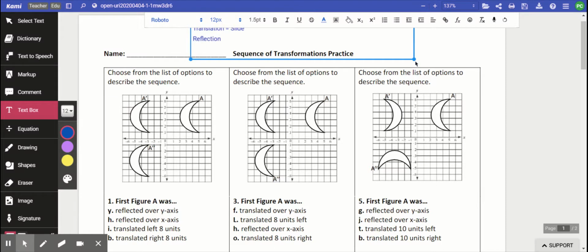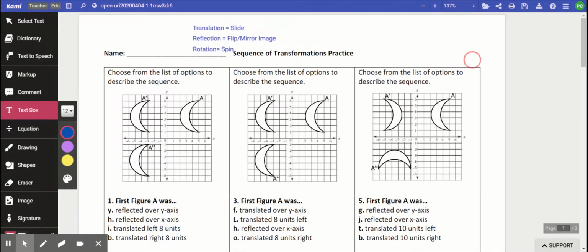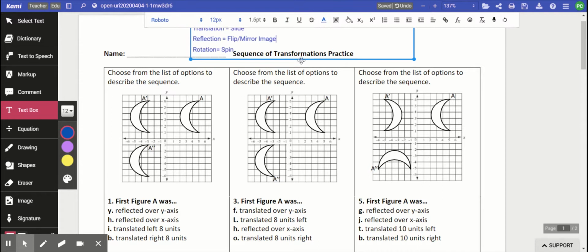Reflection is a flip or a mirror image. So imagine what these things look like if you're going to do them. And a rotation is a spin. Okay, so I think that'll work for now. Let me scoot this over.